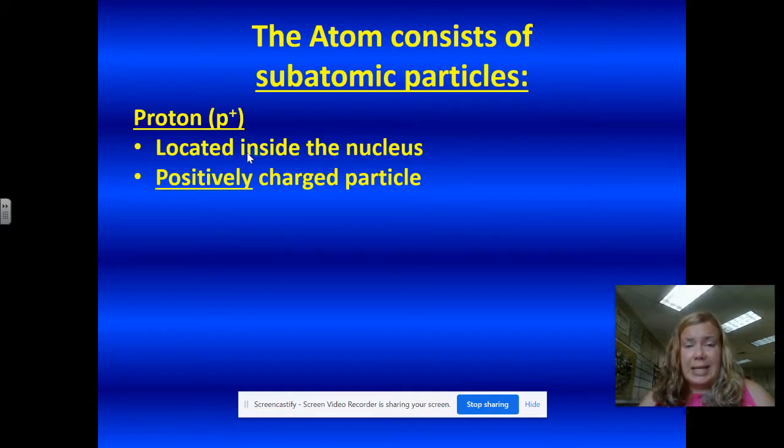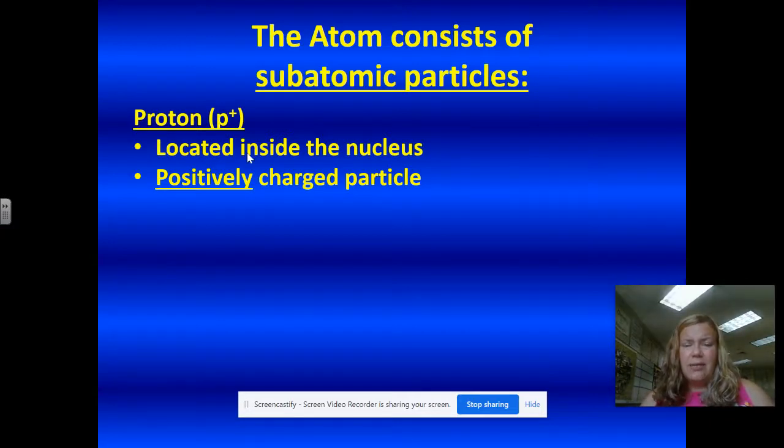Protons are located inside the nucleus. They are the positively charged particle. We will soon find also that the number of protons does not change in an atom. If the number of protons changes in an atom, the identity of the atom changes.